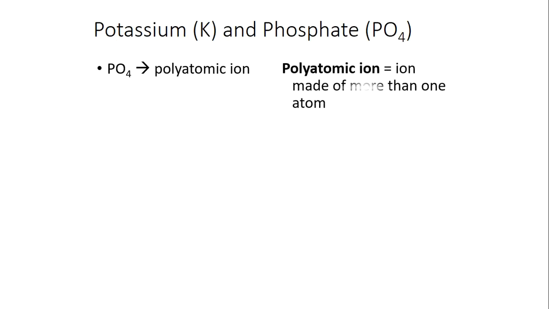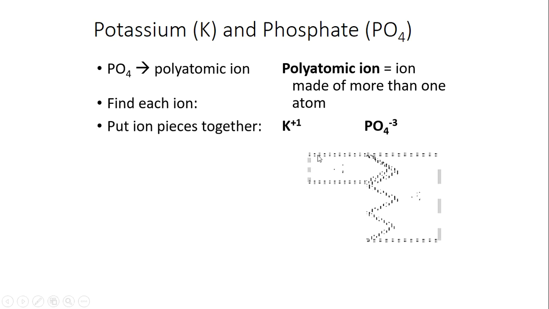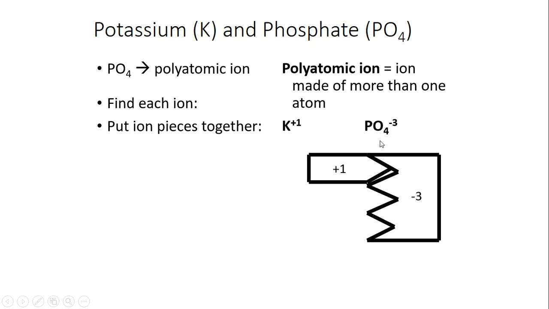So if we have something like potassium phosphate, you know from your periodic table placement that potassium has a +1 charge. Phosphate, you will know from that list, has a -3 charge. Just like before, like potassium nitride, where nitrogen had a -3 charge, the potassium needs to cancel out the -3 from the phosphate.